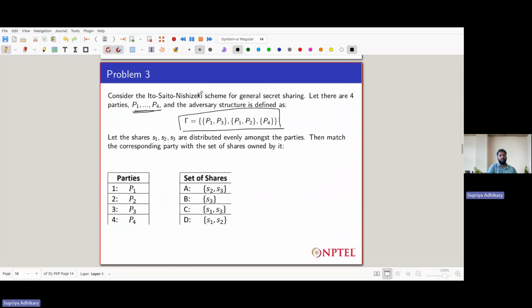Now, considering the Ito-Saito-Nishizaki scheme, suppose that these 3 shares, S1, S2, and S3 have been distributed among the parties. So we have to match these shares.